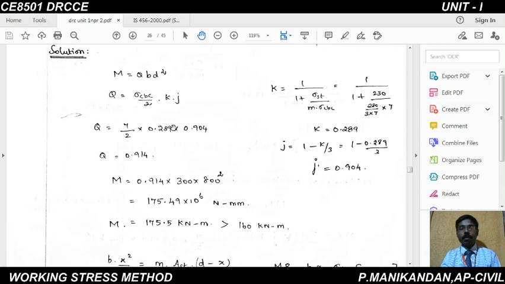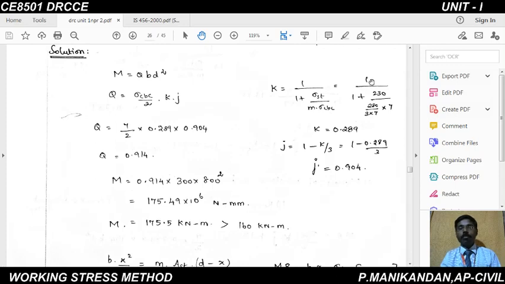As a first step, we have to find the value of K. The formula for K is 1 divided by 1 plus sigma ST divided by m into sigma CBC, where sigma ST is the permissible stress in steel, sigma CBC is the permissible stress in concrete, and m is the modular ratio. The modular ratio formula is 280 divided by 3 into sigma CBC.